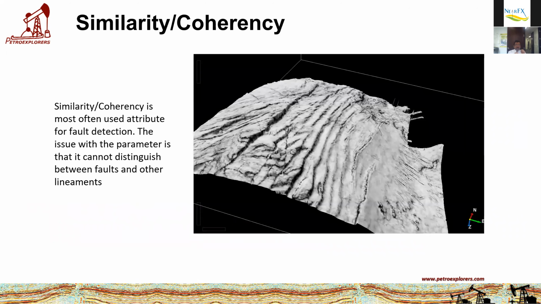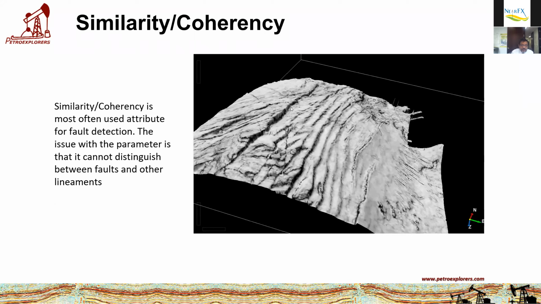So let's go directly to fault and fracture tools. The most prominent tool which I've used over time was the similarity or coherency or dissimilarity, or whatever you can call it.